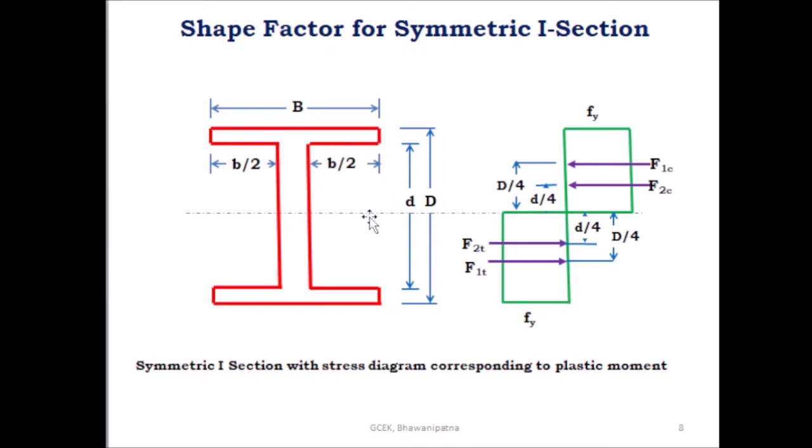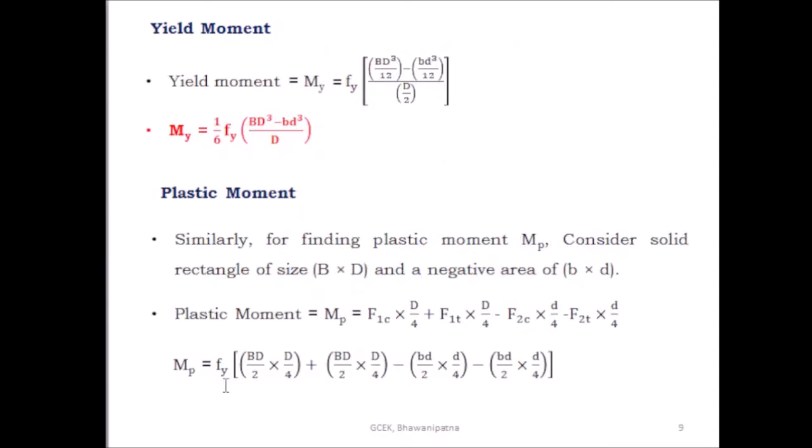The area is B into D by 2 and the yield stress is Fy. So F1C is equal to Fy into BD by 2. And what is the centroidal distance from the plastic neutral axis? D by 4. Similarly, F1T is equal to Fy into BD by 2 and this distance is D by 4.